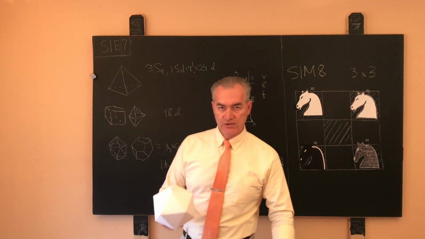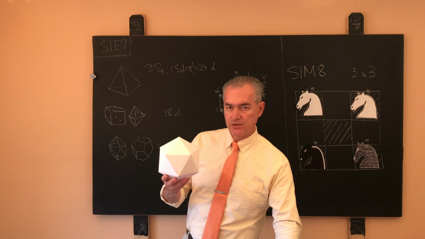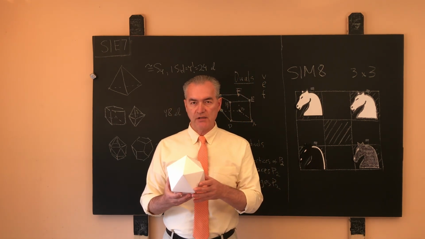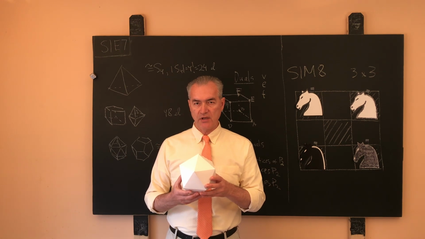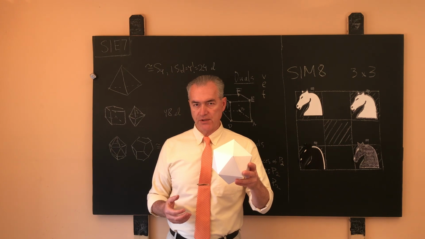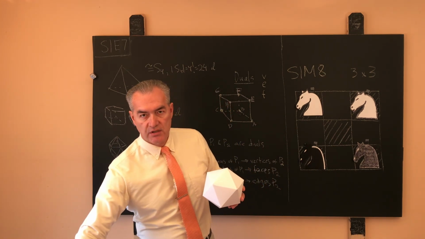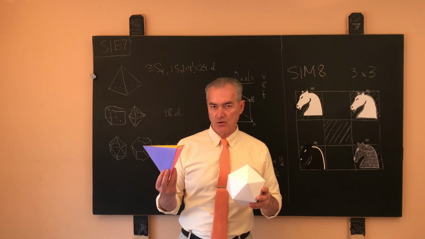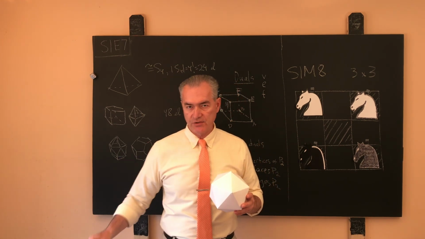For example, a regular icosahedron is made out of equilateral triangles, but the number of equilateral triangles that goes into the production of a regular icosahedron is way larger than the number of equilateral triangles that goes into the production of a regular tetrahedron.